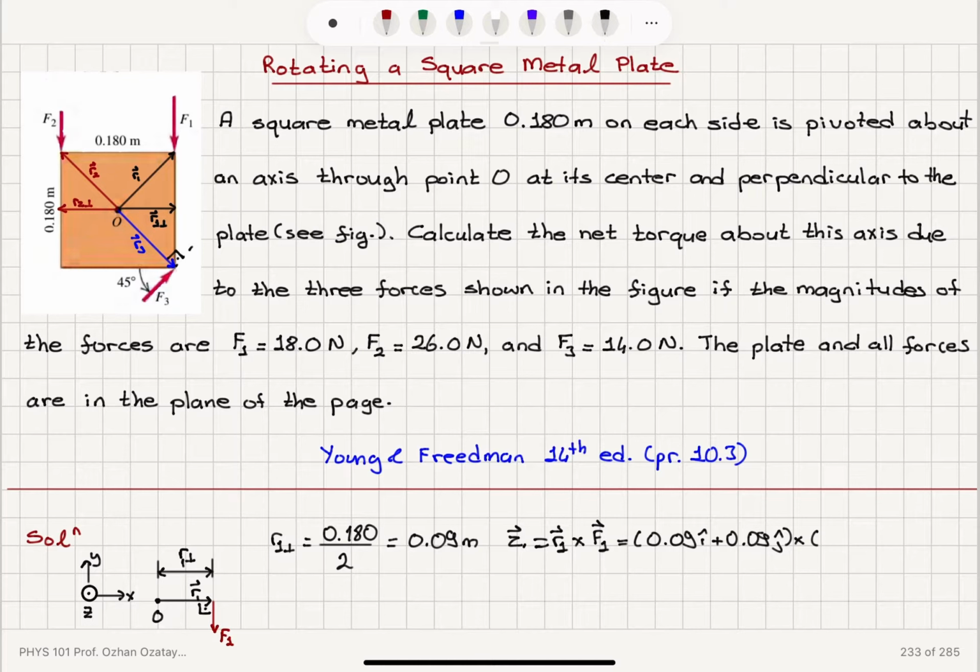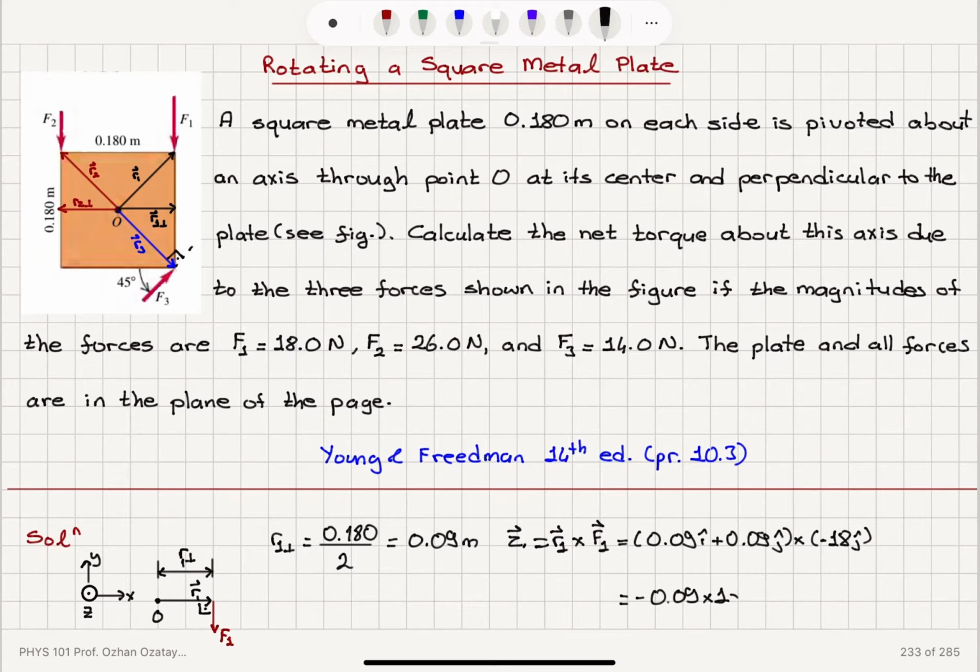The force is in a minus j hat direction, and therefore we can write here minus 18 j hat. Now you can see that j hat cross j hat will be 0, so this is actually equal to 0.09 minus 0.09 times 18.